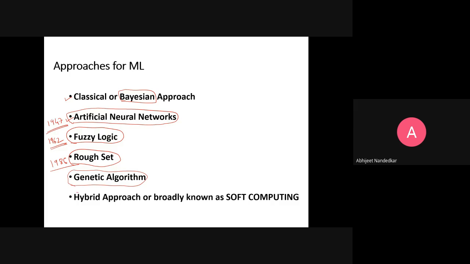Then you have a combination of all these approaches, called soft computing. You may have an algorithm with genetic plus rough set, or fuzzy logic with genetics, or artificial neural networks with fuzzy logic. Any combination is possible, and all of those come under the heading of soft computing.